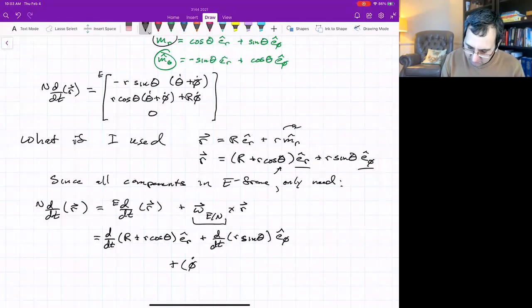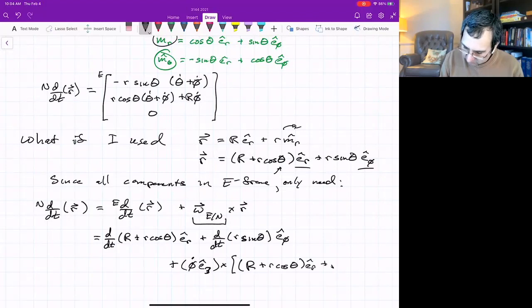This is phi dot E3 cross R plus R cosine theta ER plus R sine theta E phi.